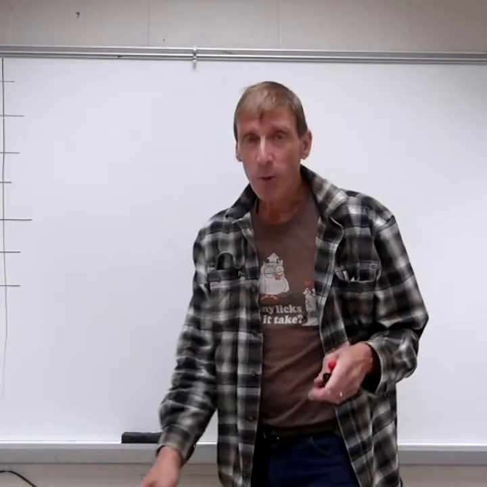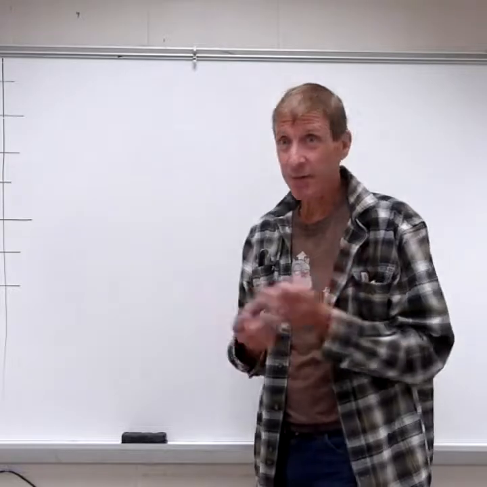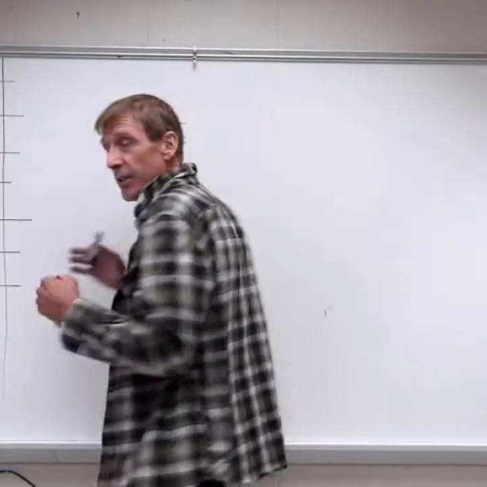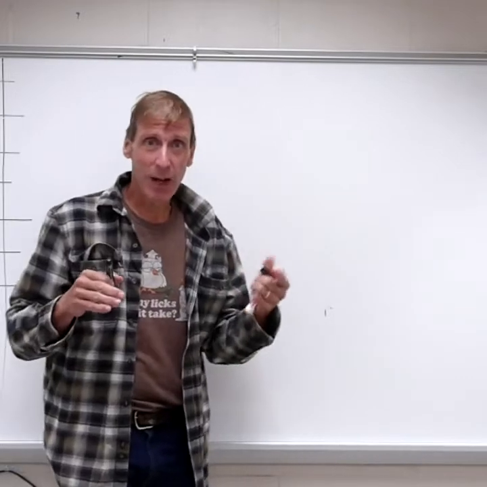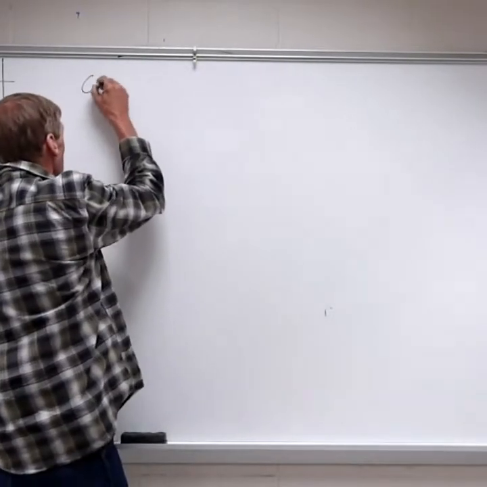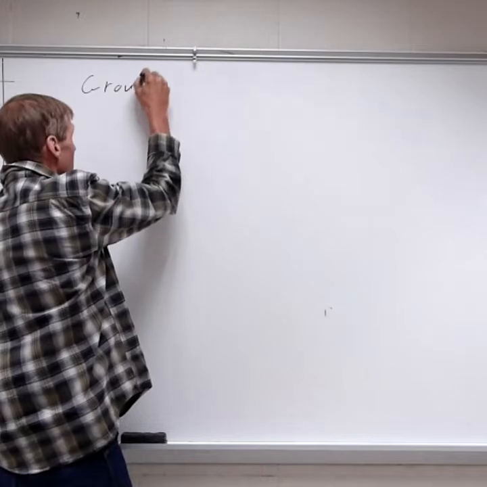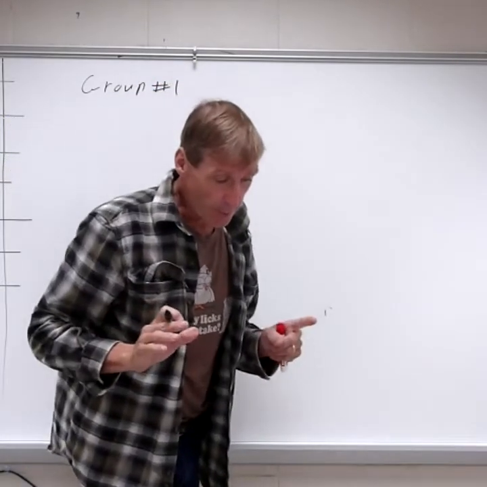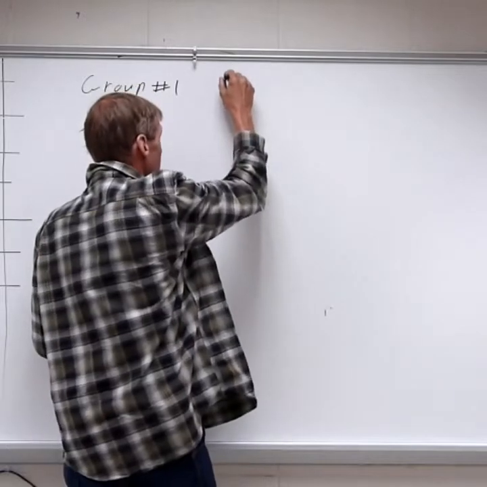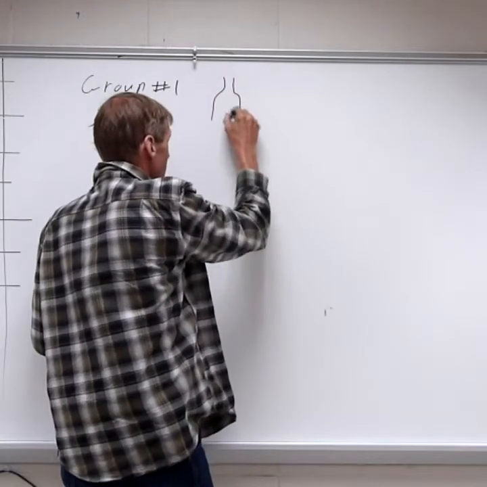All right. Now for the experimental setup. We're setting up 6 different flasks. In your data sheet, I'm going to refer to it as I set them up. They're called group 1, 2, 3, 4, 5, and 6. So for group 1, I'm going to set up 1 flask. It's an ugly flask.